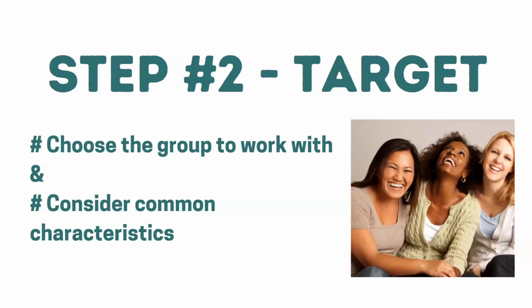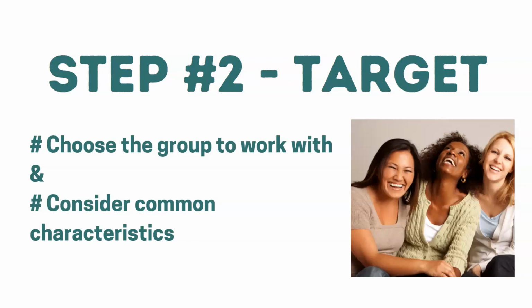Okay, so you've got to pick a group of people you want to help with the problem that you have chosen to solve. With the example we gave, you can choose to solve the unemployment issues for women over 50, for example.